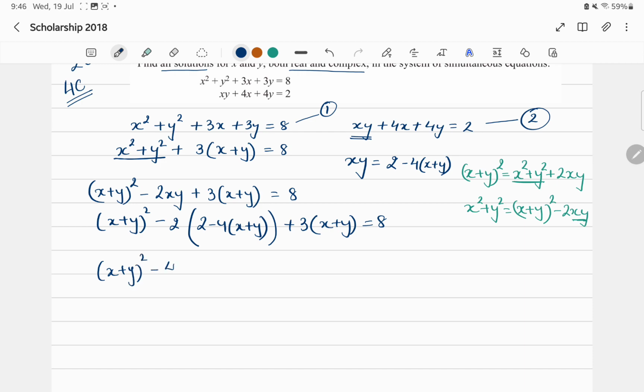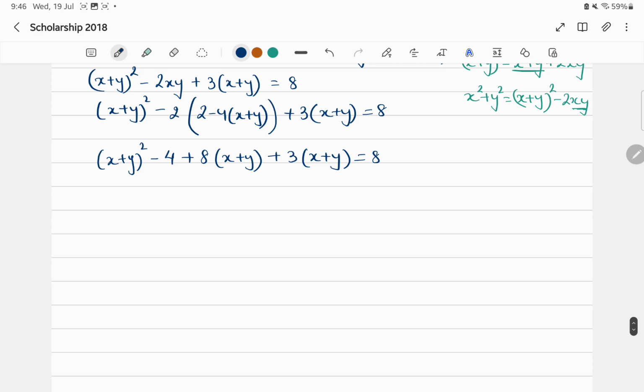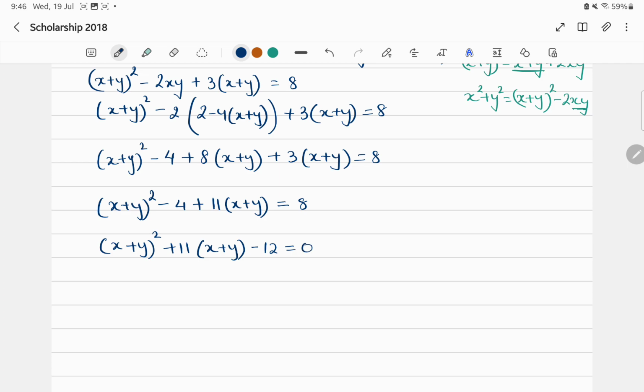If we expand the bracket, it's going to be 4 minus 8(x plus y). Now we have (x plus y) whole squared minus 4 plus 11(x plus y) equals 8. So finally we have (x plus y) whole squared plus 11(x plus y) minus 12 equals 0.